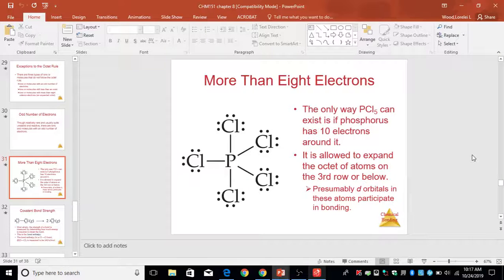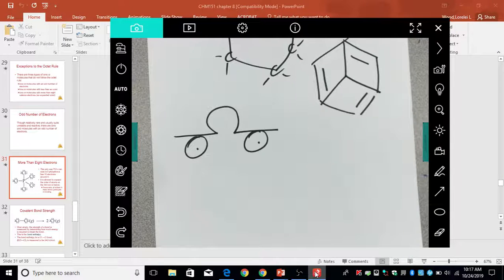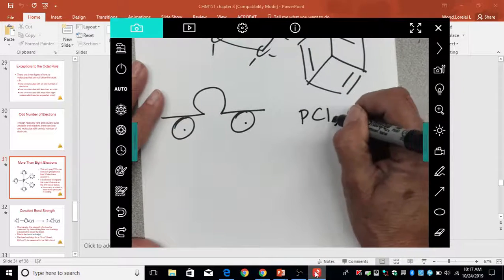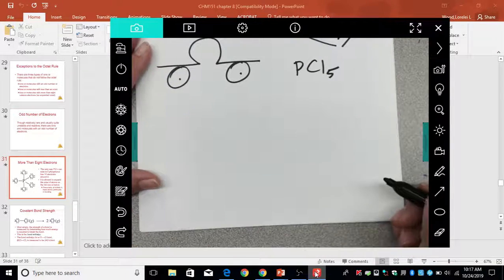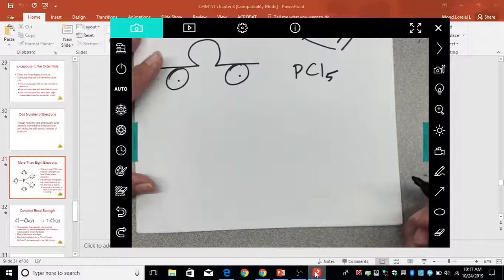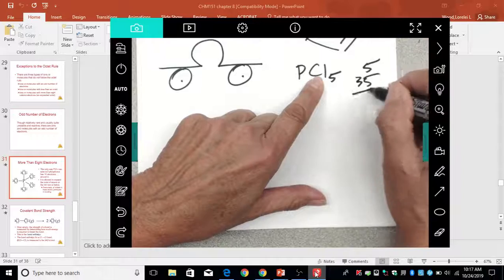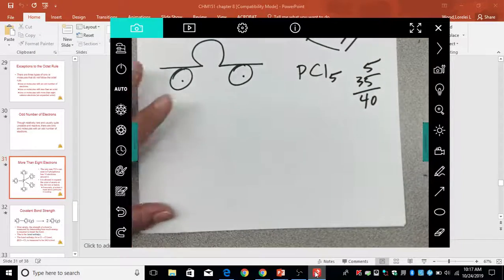You know what? Let's do that structure. It's PCl5 so that you can see how it would work out in Lewis structures. So do it next to the mobile ohm and the Mercedes benzene ring. All right, phosphorus has 5 valence electrons. Chlorine has 7. Each times 5 is 35. So we got a whopping 40 electrons to distribute.